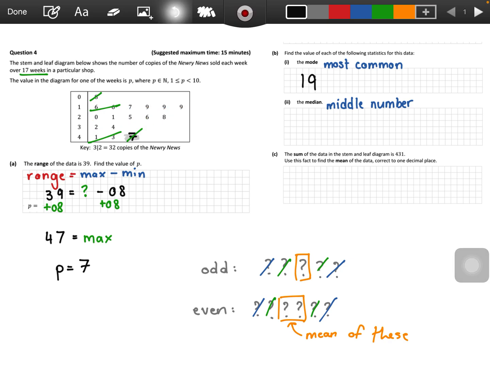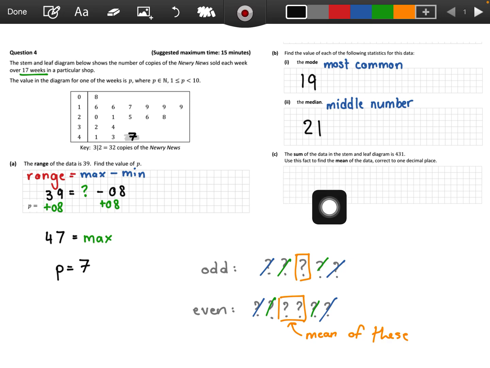Now I'm going to get rid of all those lines that I had added on so that we can use this stem and leaf later. It says the sum of the data in the stem and leaf diagram is 431. Use this fact to find the mean of the data correct to one decimal place. That's them being very nice to you. They're giving you a hint towards what the mean was.